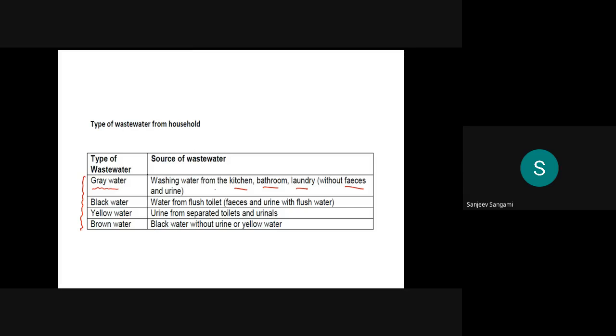These are some of the terms we normally use whenever we are discussing wastewater characteristics. If I say grey water, you should know what its sources are. If I say black water, you should know where it is coming from. If I say yellow water, you should know its characteristics.